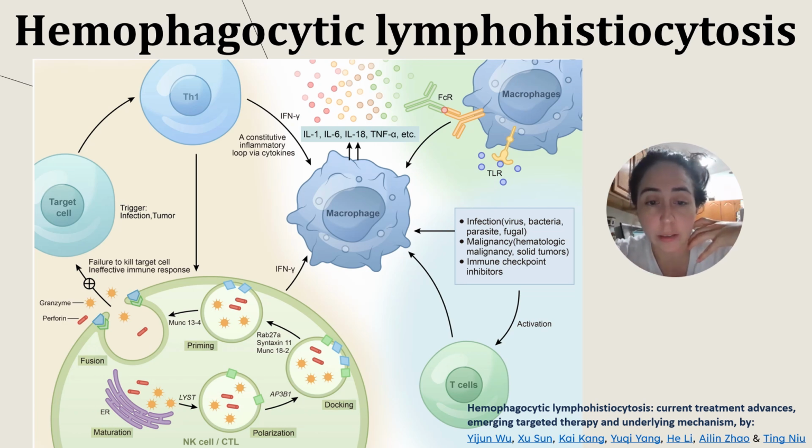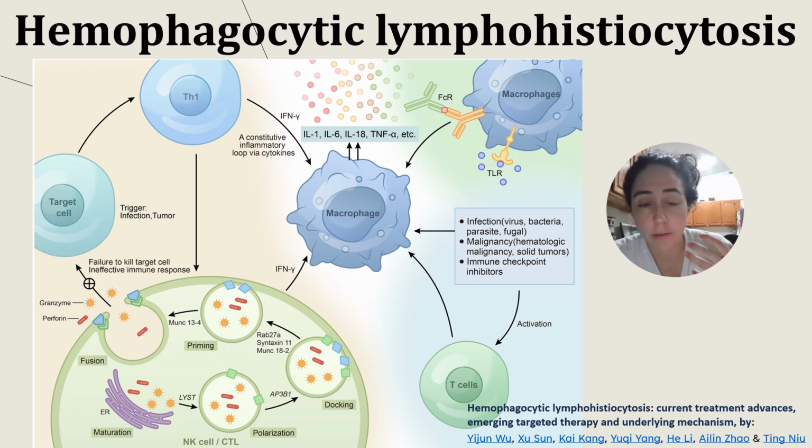So the natural killer cells control these. Well, in this case, for this condition, they're not controlling those target cells. They're not regulating the target cells. So like you see in this loop, the target cell pretty much continues to be active and continues to activate the T cells.